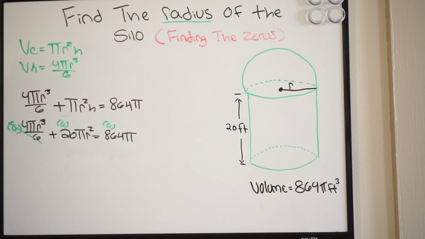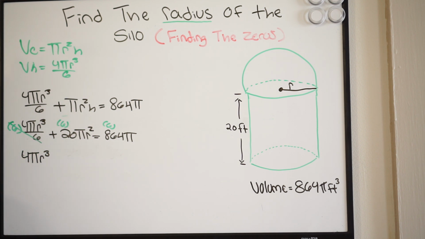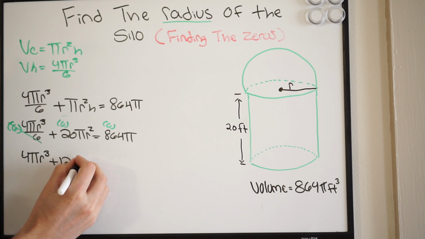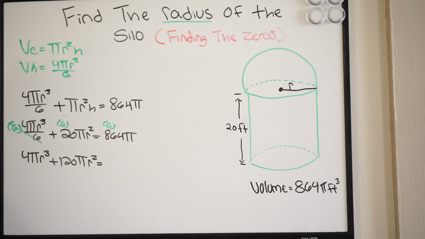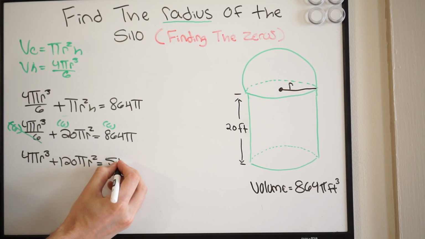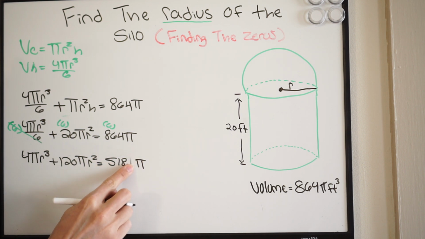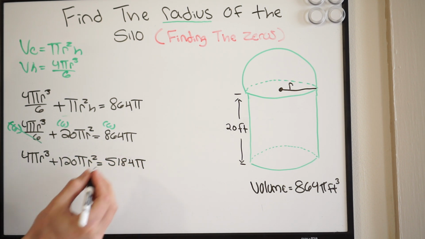And when we do that, we're going to get 4 pi radius cubed, and then 6 times 20 is going to be 120, so plus 120 pi radius squared equal to 864 times 6, which is 5,184 pi.